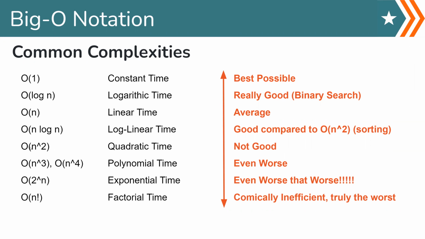These are really bad. Once you're getting n cubed and n to the fourth, it's very inefficient. But notably, it's not so inefficient that you couldn't theoretically do it.